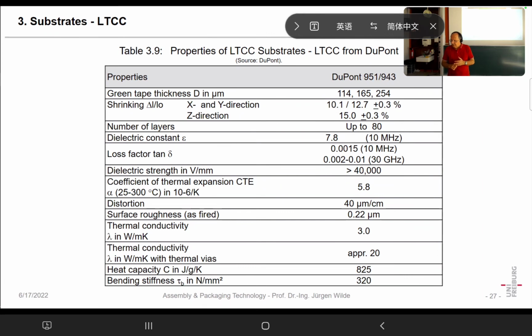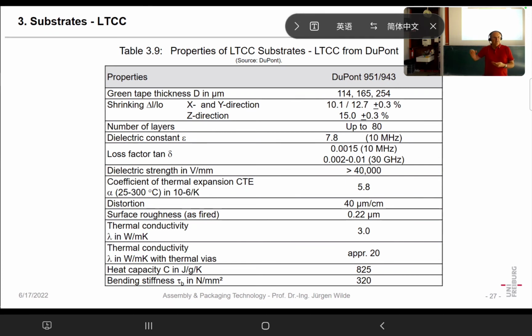And also here in that material, the CTE is lower than the CTE of normal alumina. So you can have special materials for special applications.